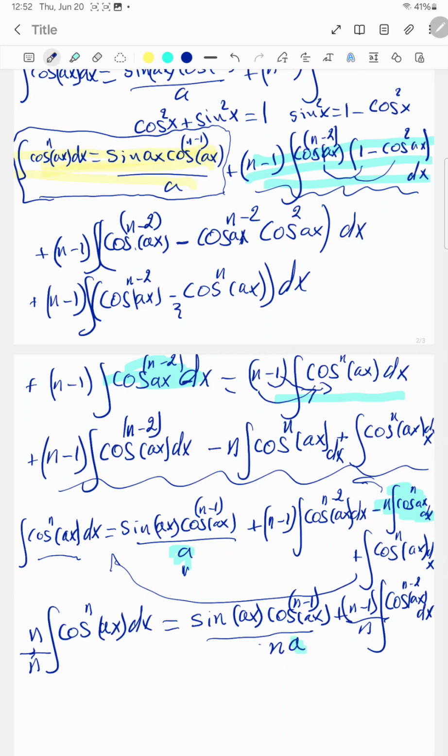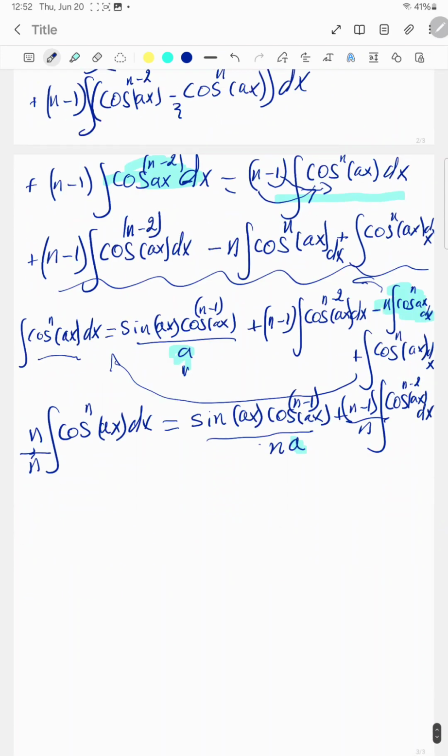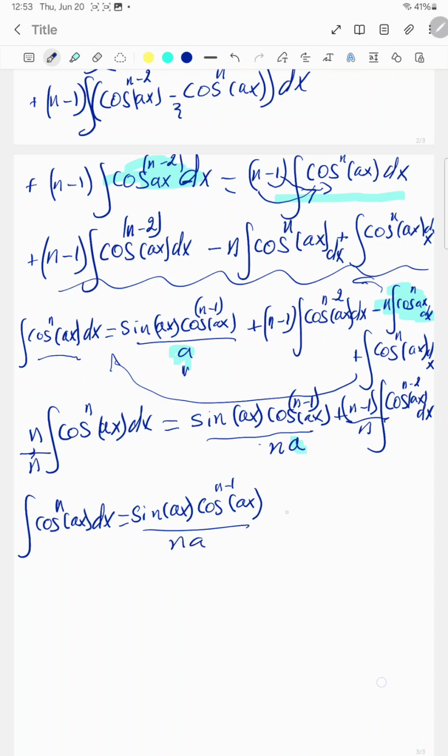So now it's proven, my formula is proven. I have the integral of cosine to the power of n ax dx is equal to sine ax cosine n minus 1 ax divided by na plus n minus 1 over n integral of cosine n minus 2 ax dx.